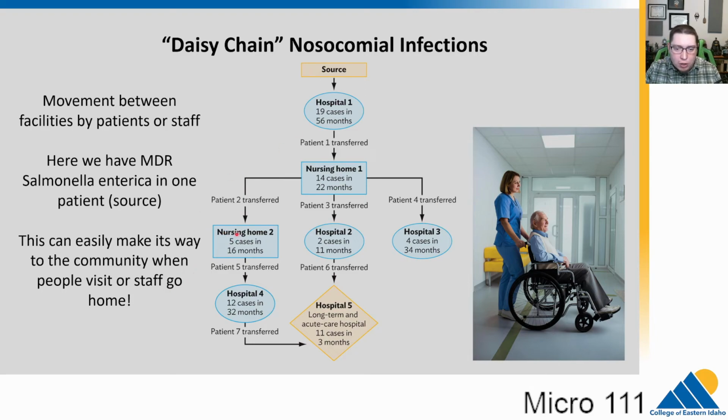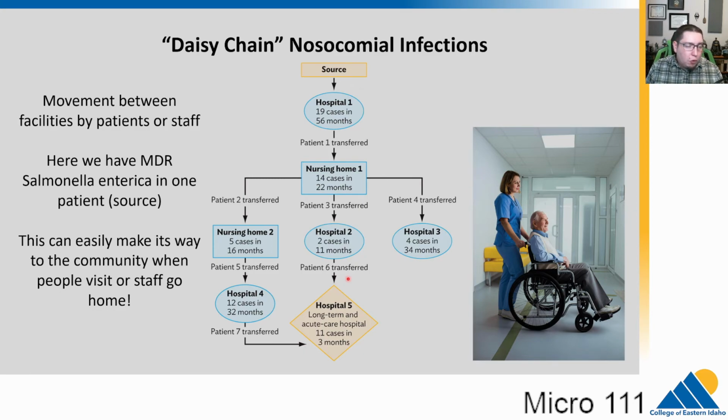You can see new cases in each of those places. Continuing on, this person probably got sick again, had to go to the hospital. They got transferred, somebody else spread it. And so we started with one initial case, and it multiplied in one place and then was spread by different individuals to others. And in this case, it was by patients, but could be staff members as well.